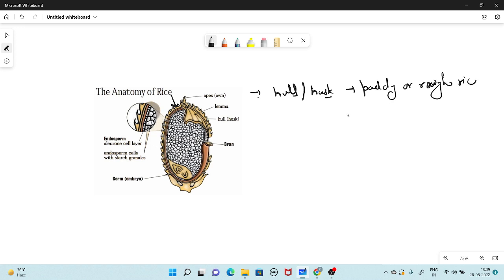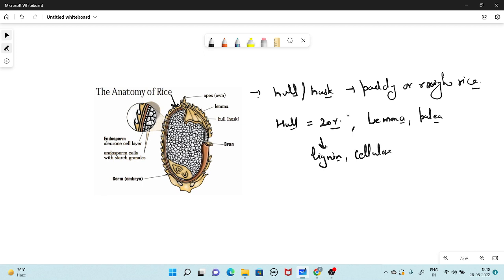In this case, the hull is about 20% of the seed. Other than this, it contains lemma, palea.